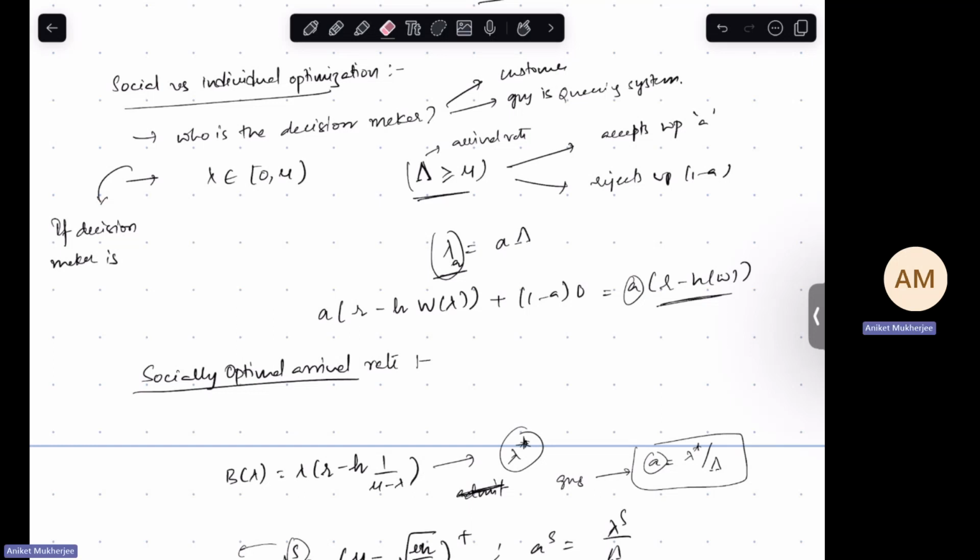What we found is that the socially optimal policy is the same policy as when the guy who runs the queuing system takes the decision.